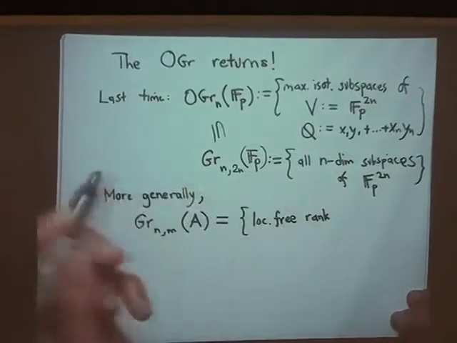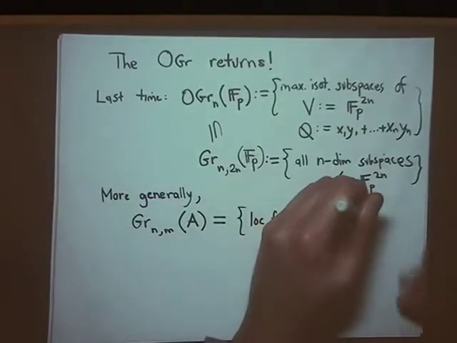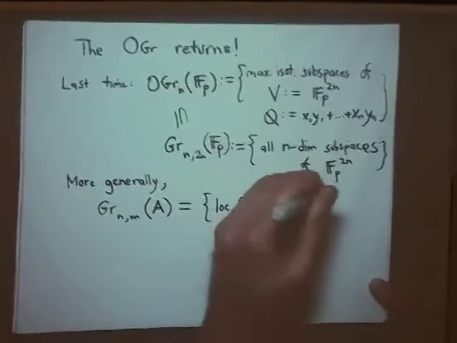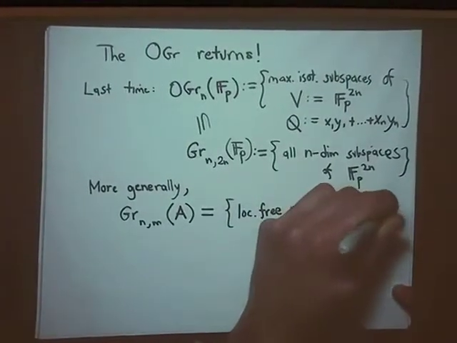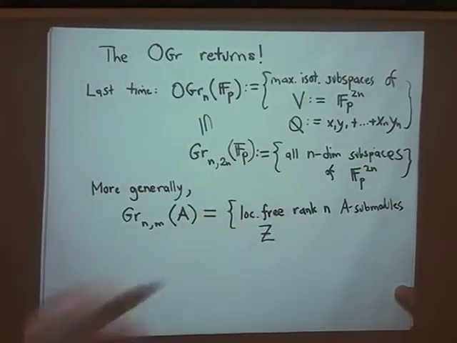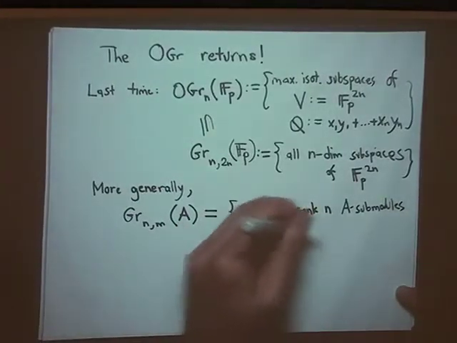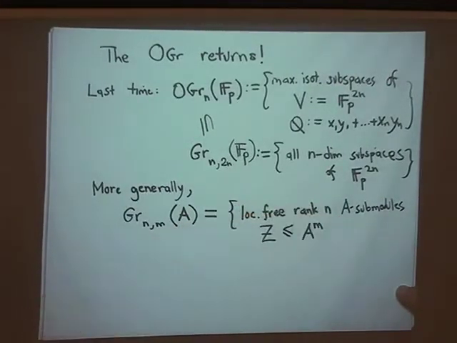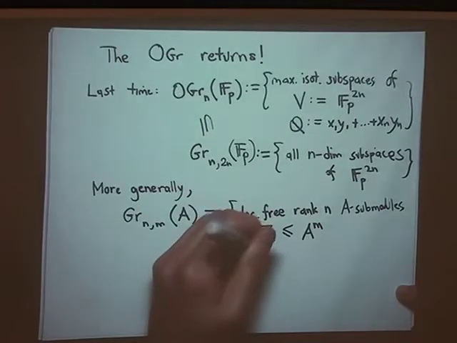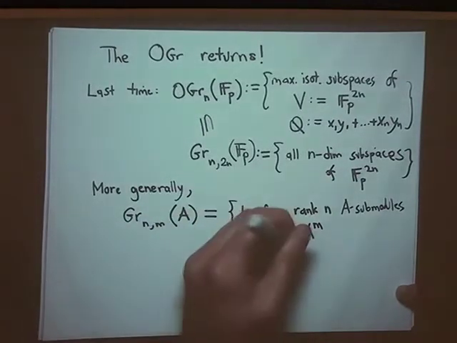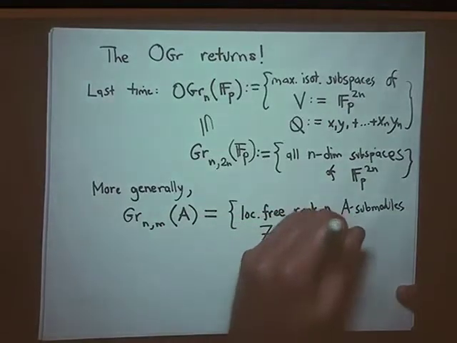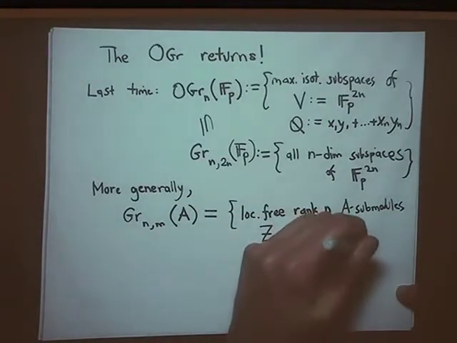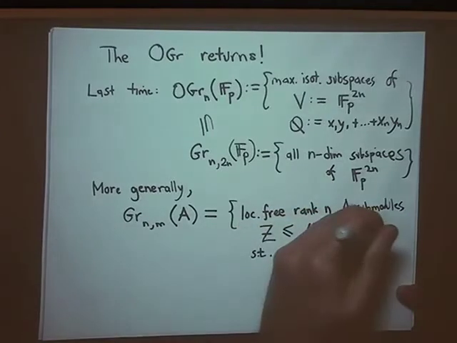So locally free rank n A-submodules, let's call it Z, contained in A^m. And that's not all. If you're working over something that's not a field, you should also insist that Z be a direct summand. That's what the Grassmannian parameterizes.